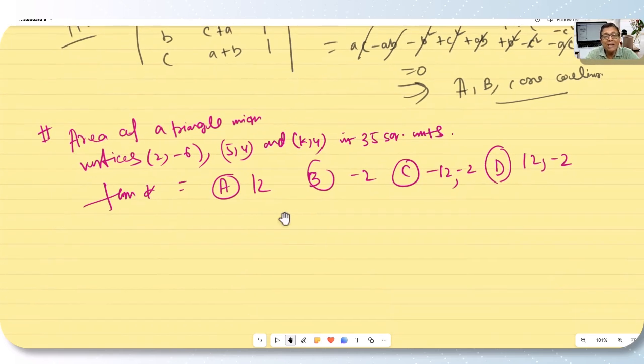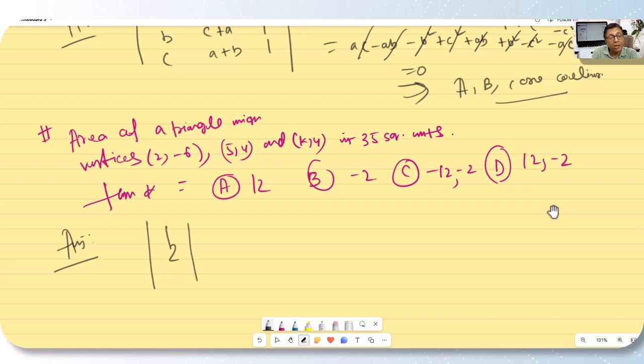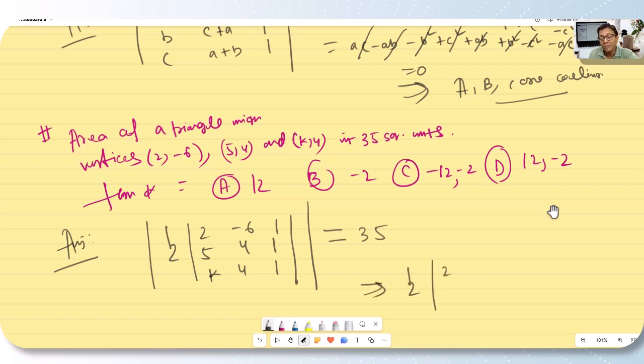First we put the area, that is, I told you to take the modulus sign over there. So when you are answering this, it will be half into the determinant 2 minus 6 1, 5 4 1, K 4 1, whole modulus. This is for the determinant and this is for the modulus, equal to 35. You can remove this mod sign by taking plus minus on the right side.